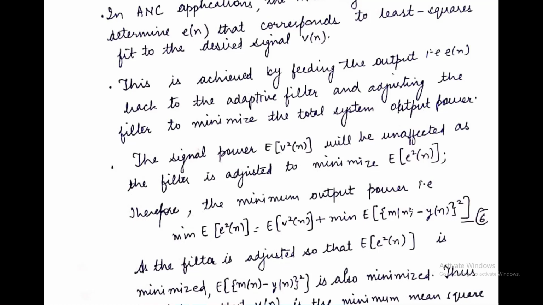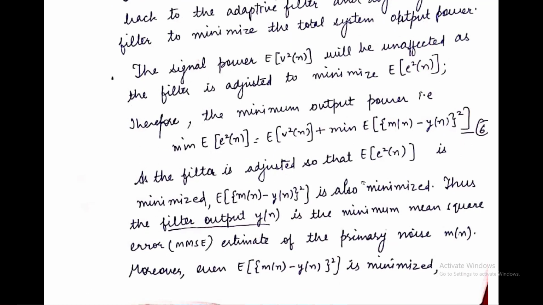Now as the filter is adjusted so that the expectation of E square n is minimized, then this function, that is expectation of Mn minus Yn whole square, is also minimized. Thus, the filter output Yn is the minimum mean square error, as I mentioned MMSE, estimate of the primary noise, that is Mn.